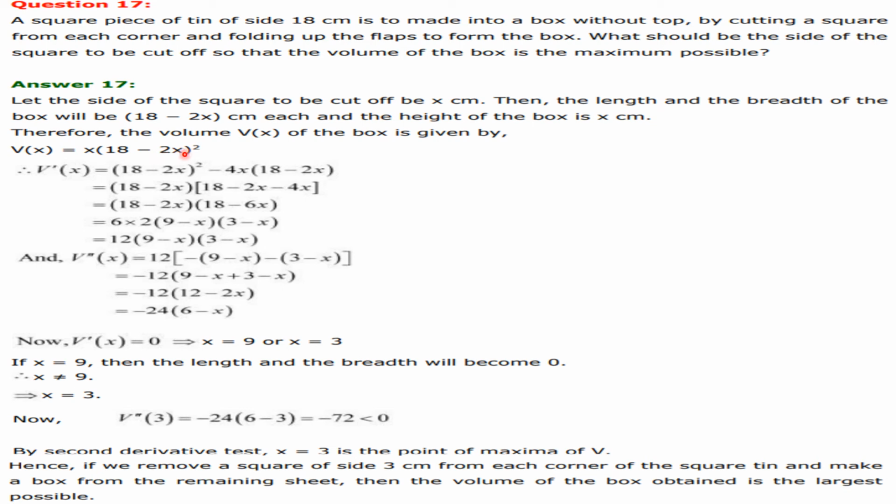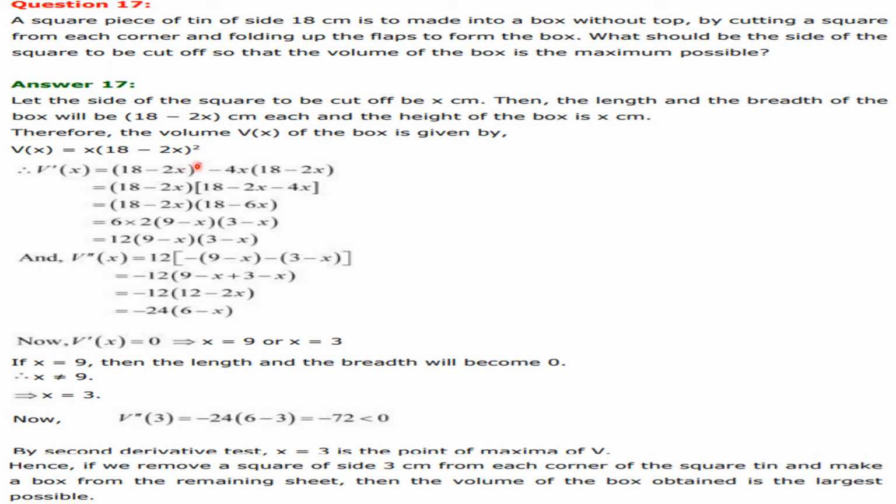We are finding the derivative of this function. Now it is in the form of d by dx of x power n. Recall that previous knowledge. Then how do you find it? n into x power n minus 1. We use that formula, where n is equal to 2 and x means 18 minus 2x.